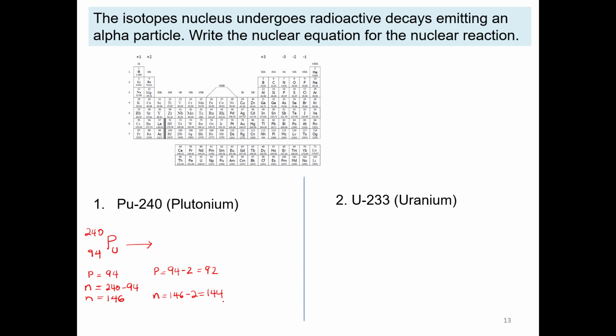And let's see what is the mass number for the isotope or element we had in the products. We need to add the number of protons plus the number of neutrons. In this case, it will be 92 plus 144, which is 236. Then the isotope we will have in the product has 92 protons and a mass number of 236.